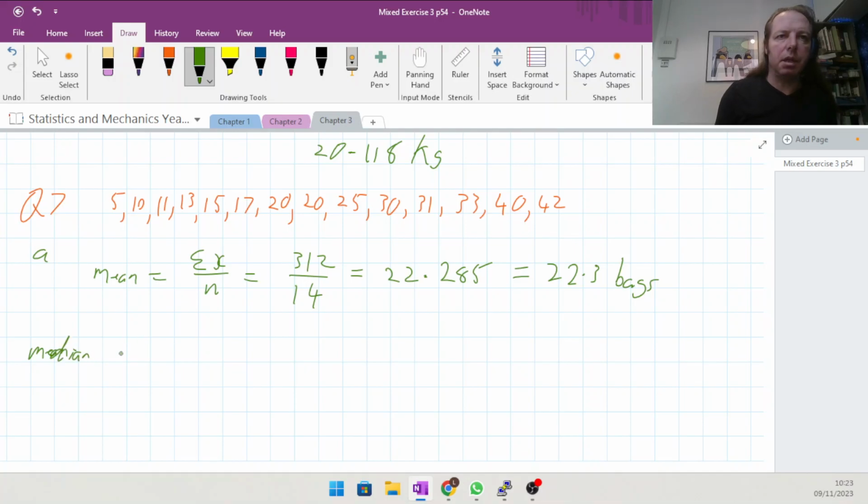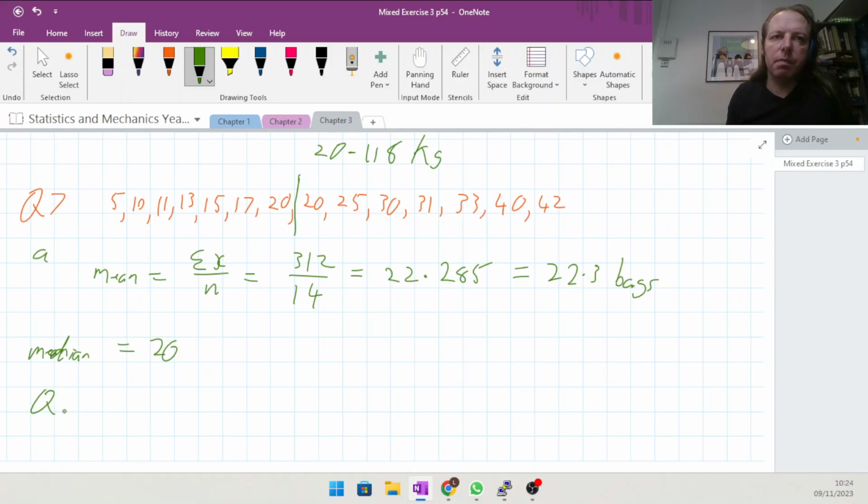The median. The median is the middle number, and they also want the quartiles. So 1, 2, 3, 4, 5, 6, 7. There's my break. 1, 2, 3, 4, 5, 6, 7. So the median is going to be 20, the midpoint between the two values. Now the quartiles.